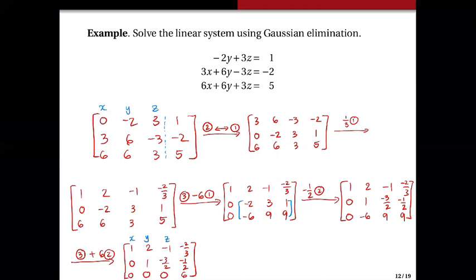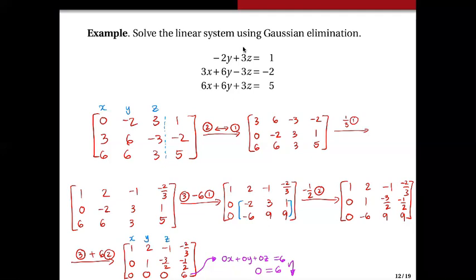If you look at the last row here, this row tells you that you have 0x plus 0y plus 0z equals 6. Or you have 0 on the left-hand side, 6 on the right-hand side. And this is a contradiction. 0 equals 6 is never true.